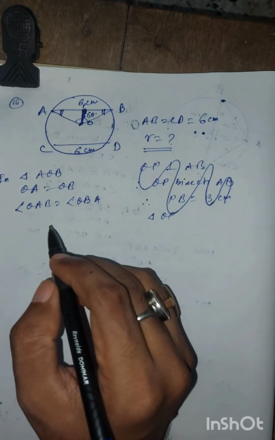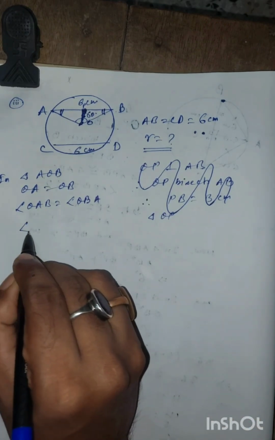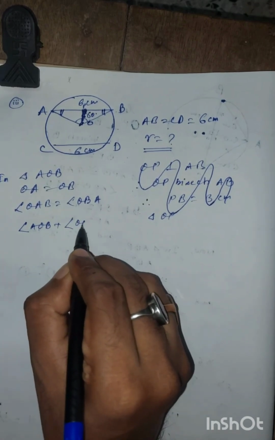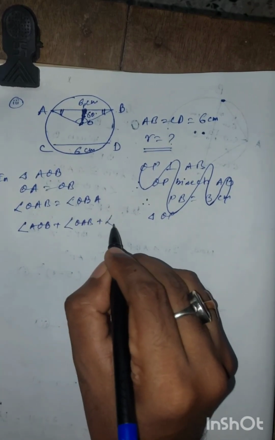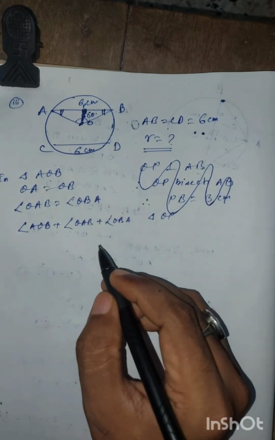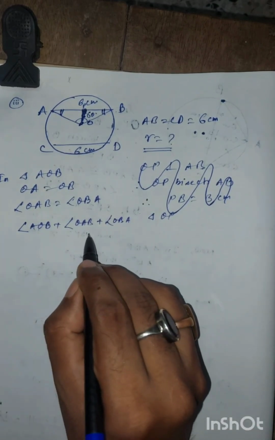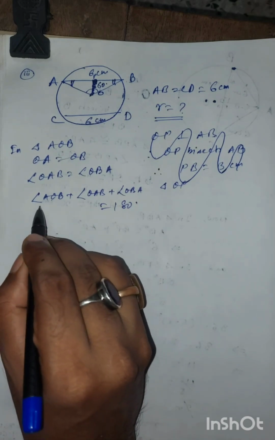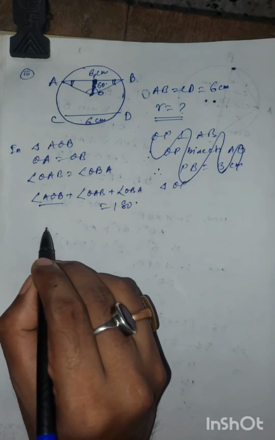Now angle AOB plus angle OAB plus angle OBA is 180 degree.